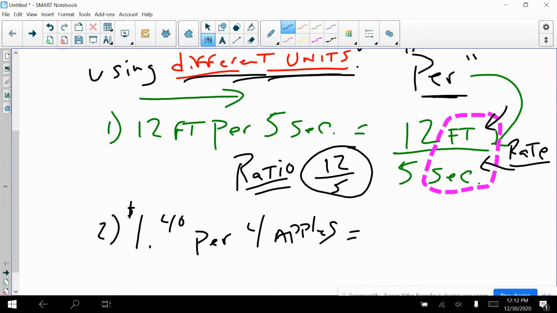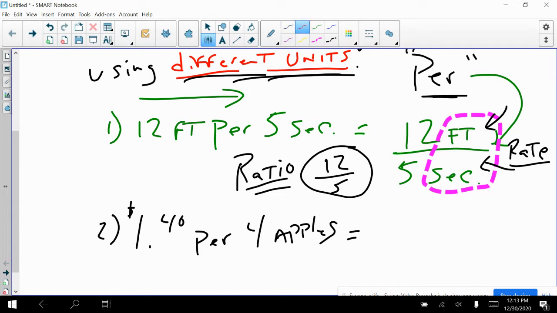So if we were to write that as a rate, maybe some of you are thinking, well, what about ratios, Mr. Fisher? We used the colon and the word to write ratios. Can we do the same using rates? And the answer is no, you cannot. Rates are expressed in fraction form only.